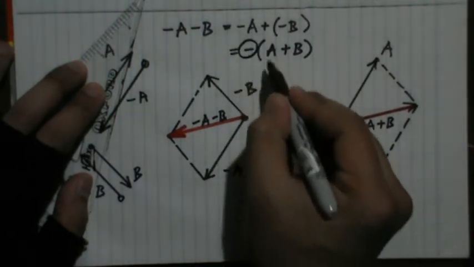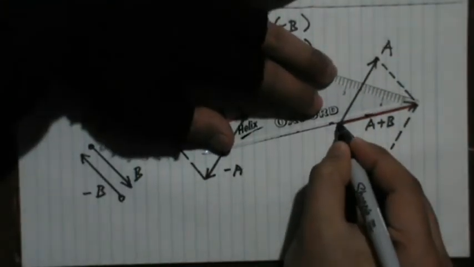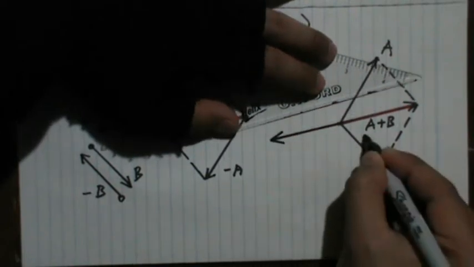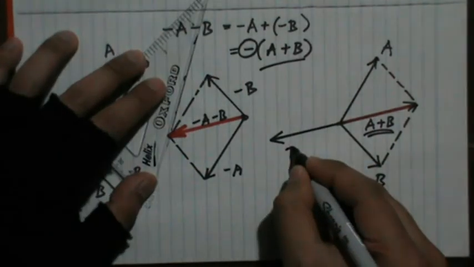So minus a minus b is just the vector that has opposite direction from the a plus b vector.